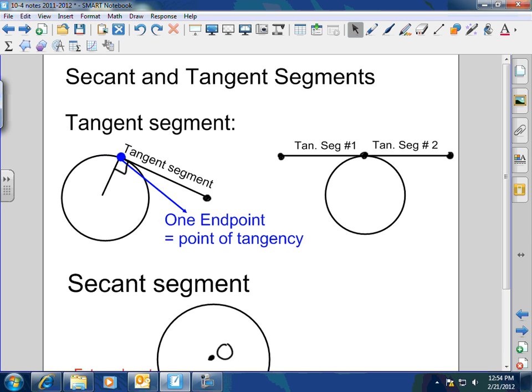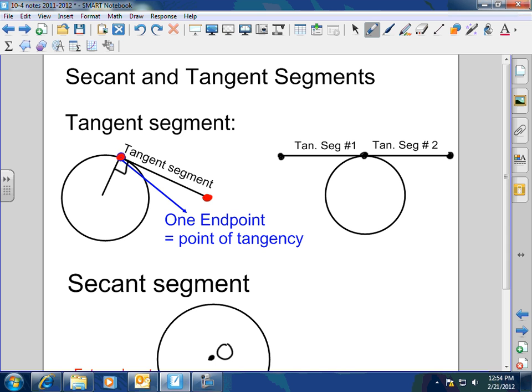Okay. Let us continue now. We just talked about tangents and secants. Now we're going to investigate tangent segments and secant segments. A tangent segment is basically a tangent, but it's only a segment. So that means one of the endpoints is outside of the circle, but one of the endpoints is the actual point of tangency.